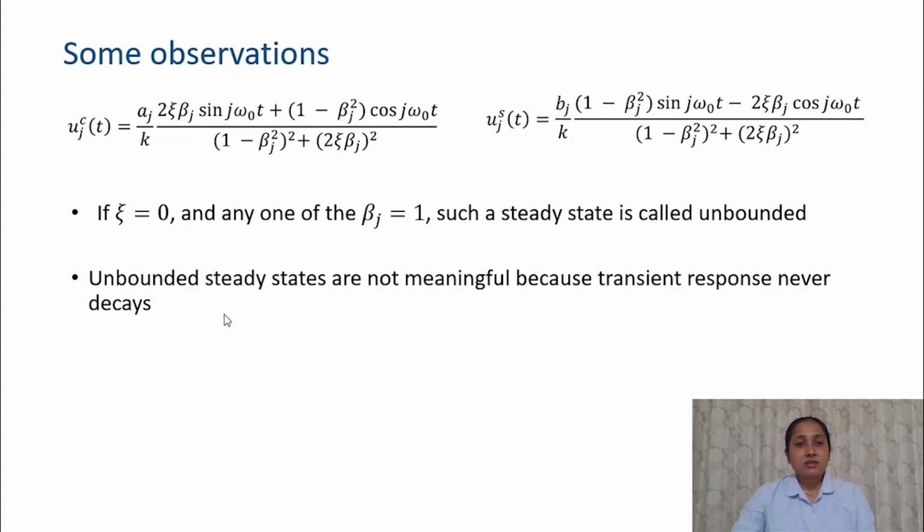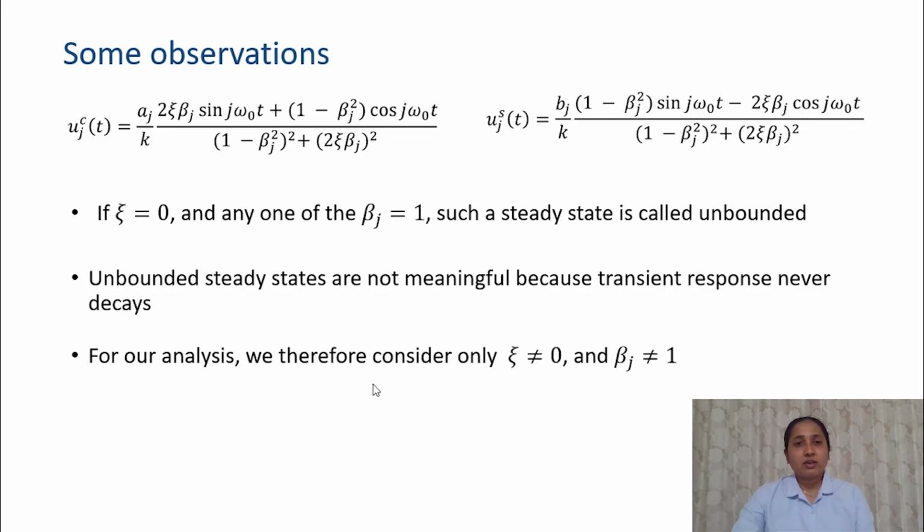And these unbounded steady states are not meaningful. They are not realistic because in such cases transient response never decays. That is because theta is equal to 0. All real systems will have some amount of damping. So the steady state response for any real system will not be unbounded.